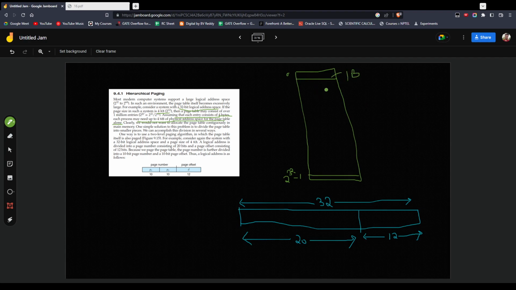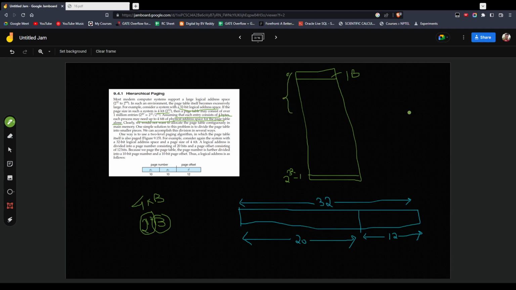Each entry is only 1 byte, and if I divide this into 4 kilobytes, 4 KB is actually 2 power 12 bytes, and since each entry is 1 byte, this is actually 2 power 12 entries. If I group 2 power 12 entries here, how many such groups will be created?